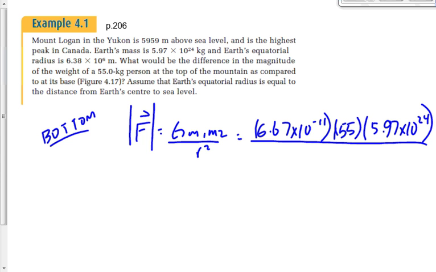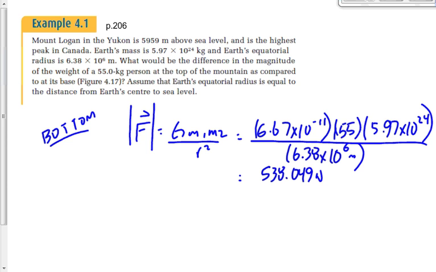What's 2 times 1? 2. Does it matter what order we multiply those numbers in? No. 55 times 5.97, 5.97 times 55 doesn't matter. At the bottom of the mountain, the Earth's radius is 6.38 times 10 to the 6 meters. Let's get that number for force now. I get 538.049 newtons.